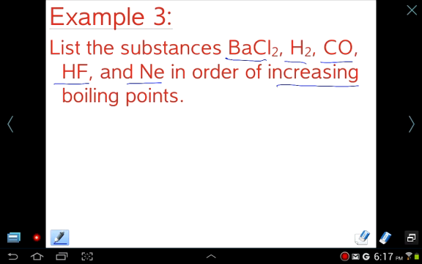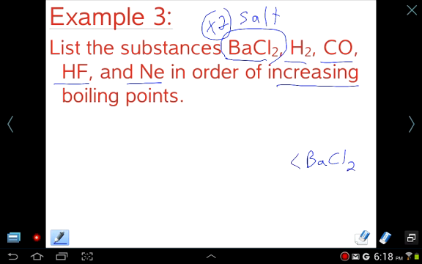Now, if we analyze this, we automatically see that we have ourselves a salt. Anytime you have a salt, you have positive and negative charges, fully positive and fully negative charges. In the case of barium, we have a +2 charge, so this creates a very strong attraction. So barium chloride should definitely be last, with the highest boiling point.